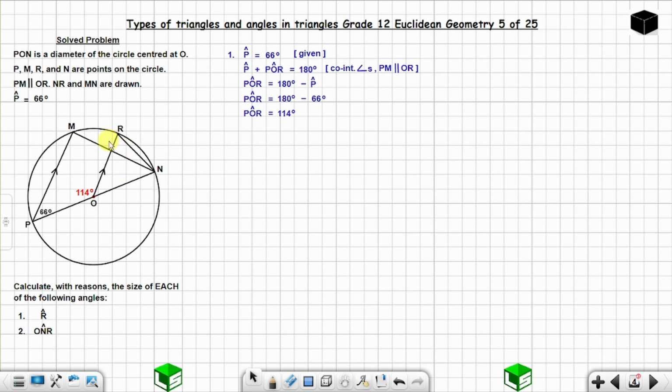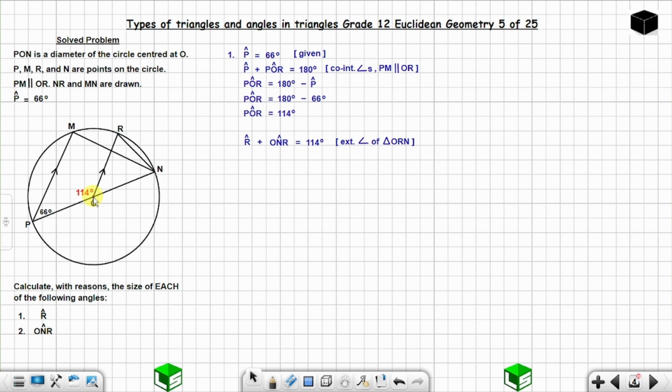So the angle R plus the angle ONR are going to be equal to 114 degrees. The reason is exterior angle of triangle ONR is equal to the two interior opposite angles. You can write it in short like this.